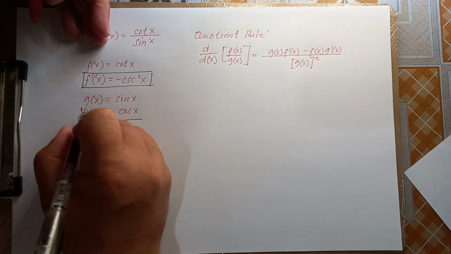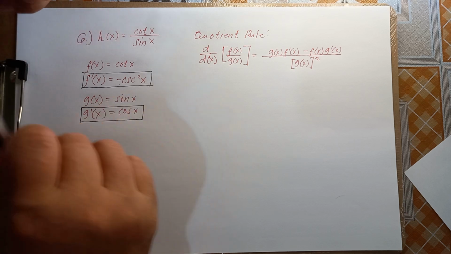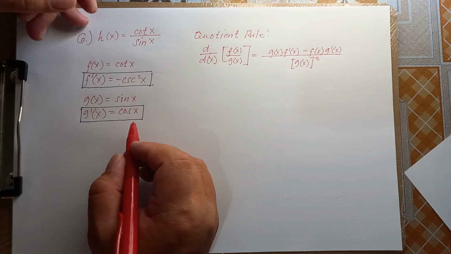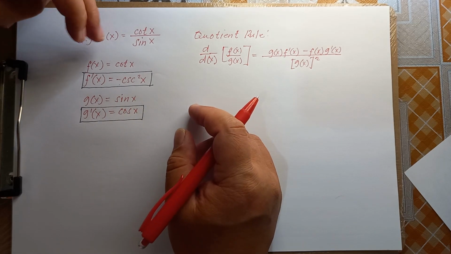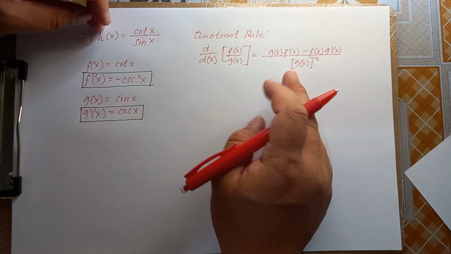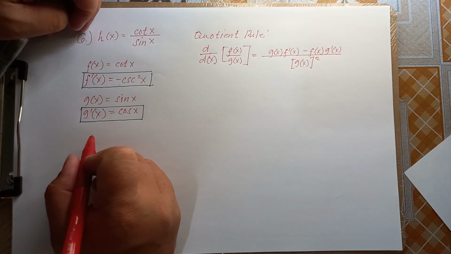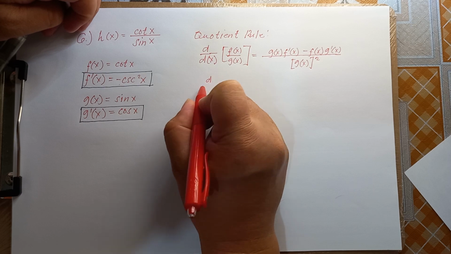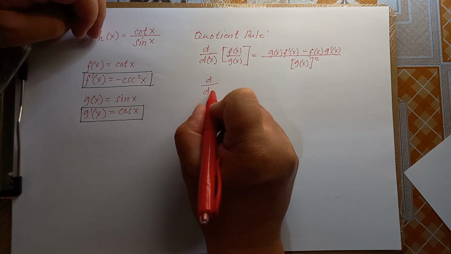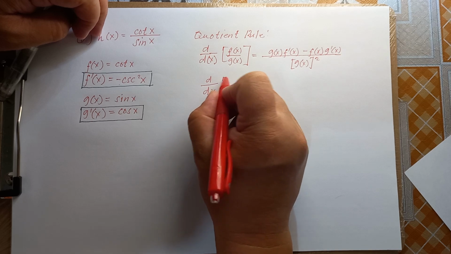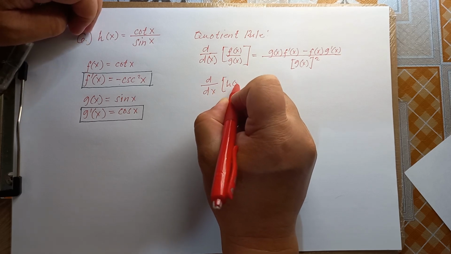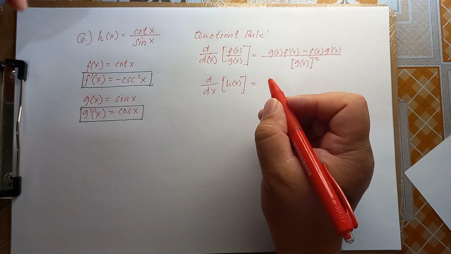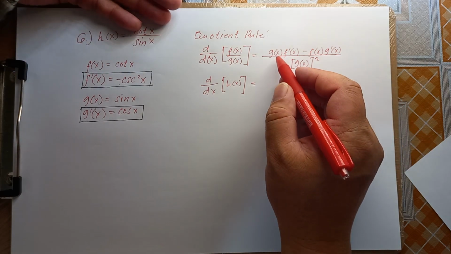So after having this one, we are now ready to get the derivative of the function h of x. So to get the derivative of h of x, we apply this one. So we have in here d over dx of h of x is equal to, so we have in here g. What is our g?